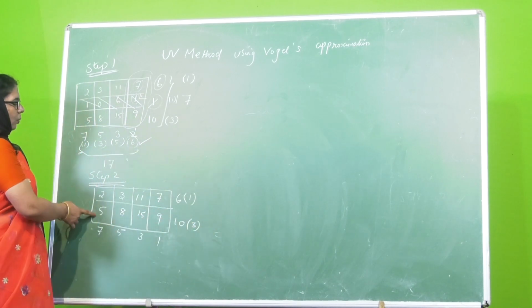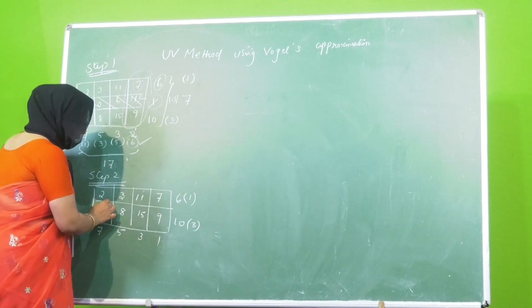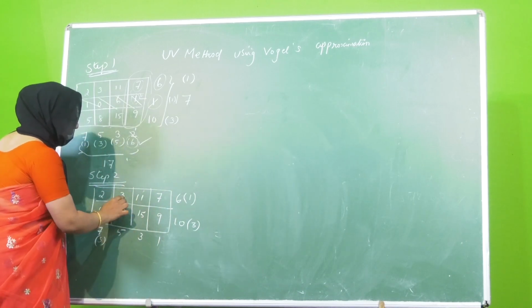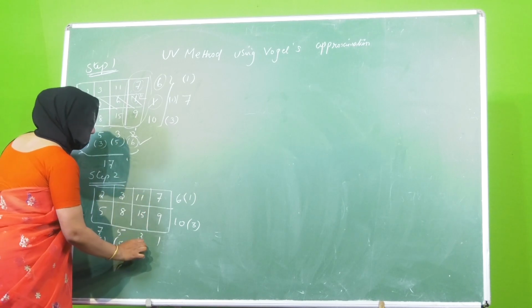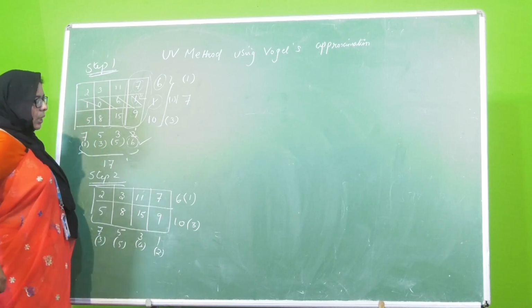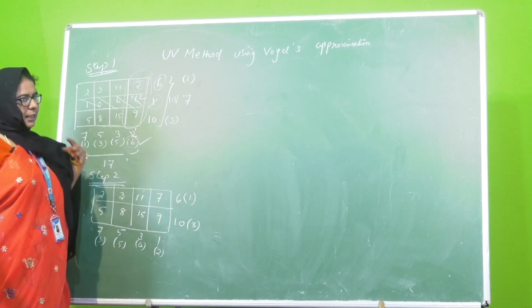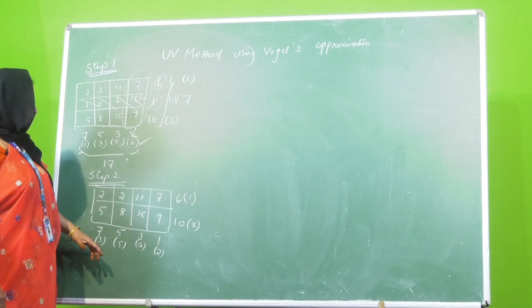For the row with only two elements, 2 and 5, 5 minus 2 is 3. For the columns, 8 minus 3 is 5, 15 minus 11 is 4, and 9 minus 7 is 2. Comparing these row differences and column differences, which is the largest difference?